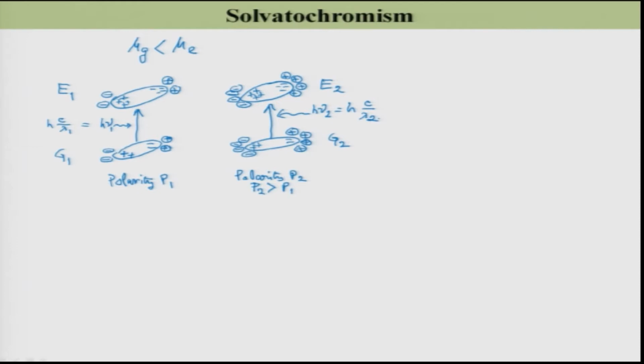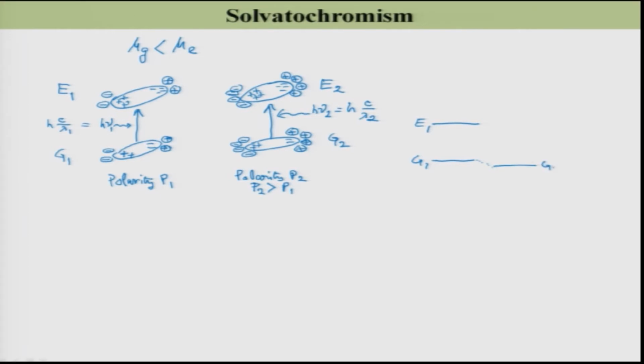Now I can plot the relative levels of G1, E1 and G2, E2. Let us say this is the level of G1 and this is the level of E1. This is for the polarity P1, and when the polarity has increased, P2 greater than P1, the energy will be minimized.